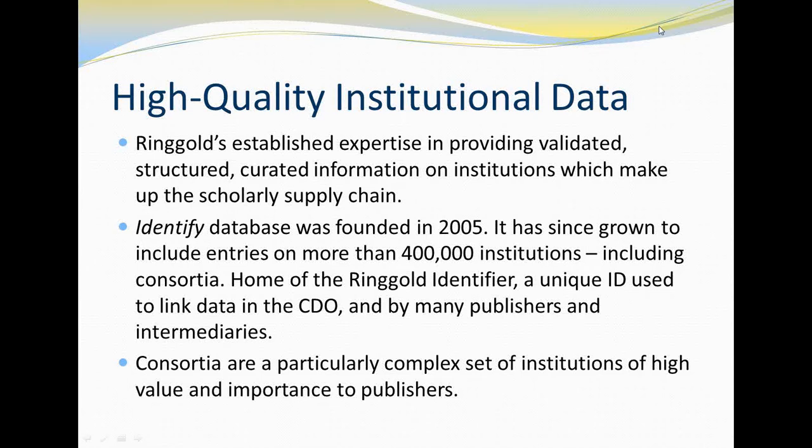A lot of folks, if they don't know anything about Ringgold, know the Ringgold number, and that's what this is. It's a unique numerical ID used to identify each organization or subsidiary component of an organization, and it's also used in the CDO. For those of you familiar with the CDO, you have probably seen these numbers, and we'll point them out again today. It's a powerful little piece of data that can be used to join information across systems. We also use it in Identify and the CDO.